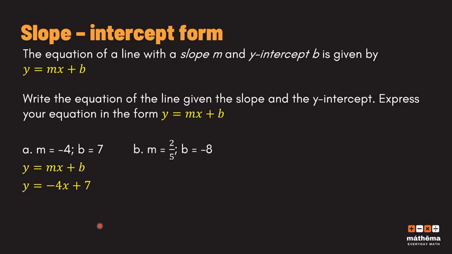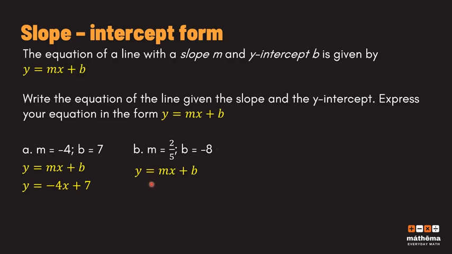Example letter B. M is equal to 2 over 5, and then b is equal to negative 8. So again, y is equal to mx plus b. Our m is 2 over 5, our b is negative 8.